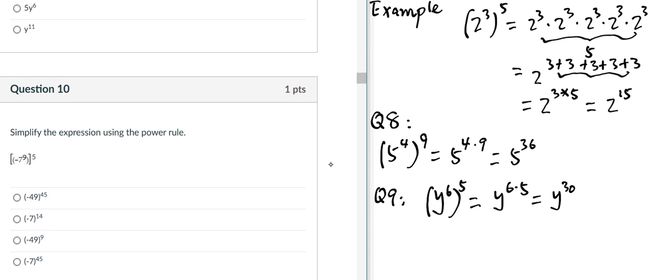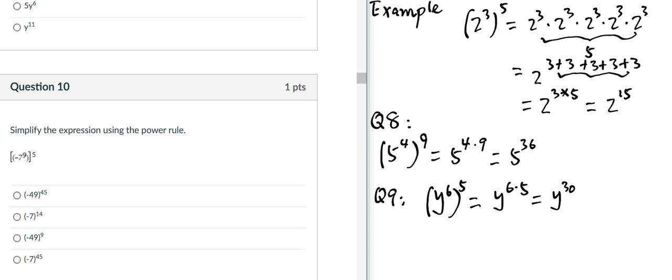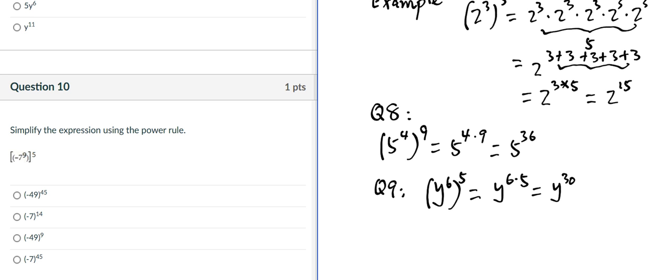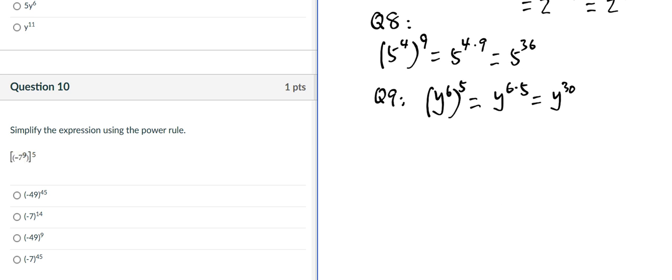Okay. Similarly, for question 10, we first have negative 7 to the 9th power, and then to the 5th.